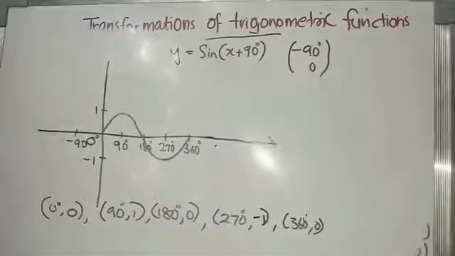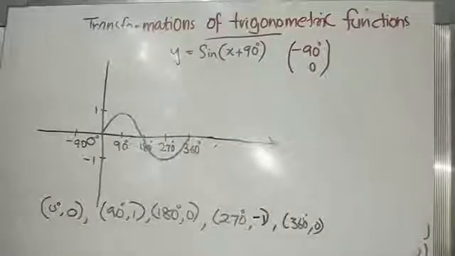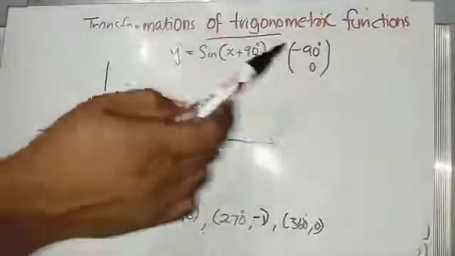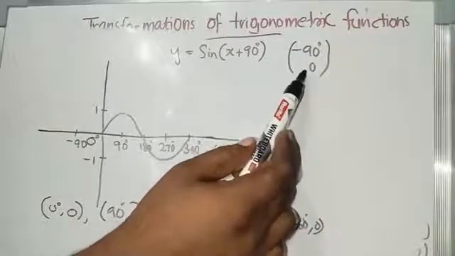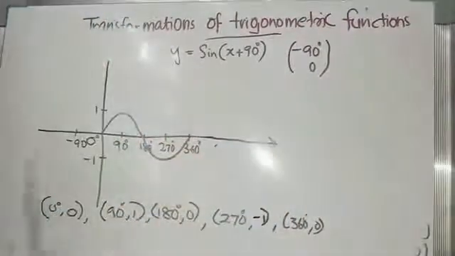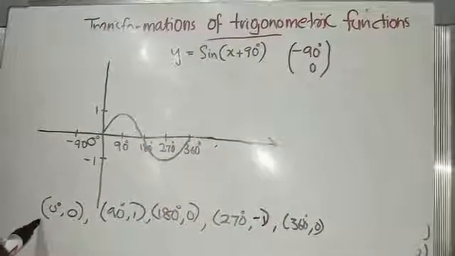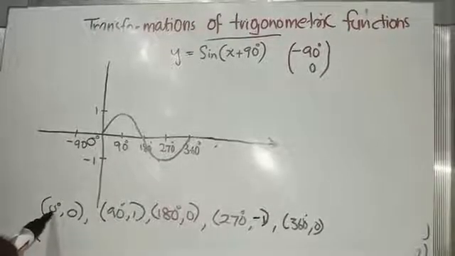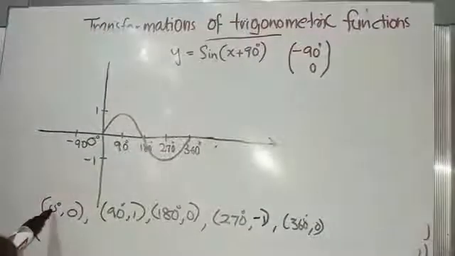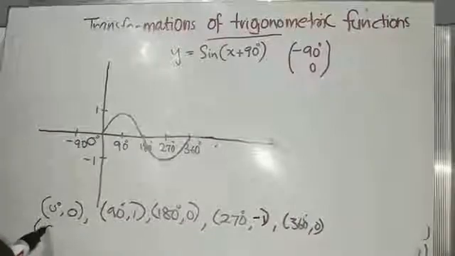And the trick to find this is very simple. The x coordinate gets changed and the y coordinate remains the same. So what you have to do is change the x coordinate. Our x coordinate is 0. Just do minus 90 with that. So we get (minus 90 degrees, 0).